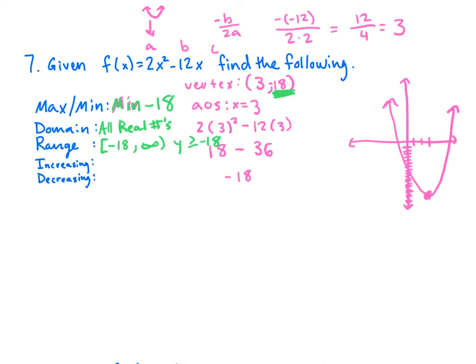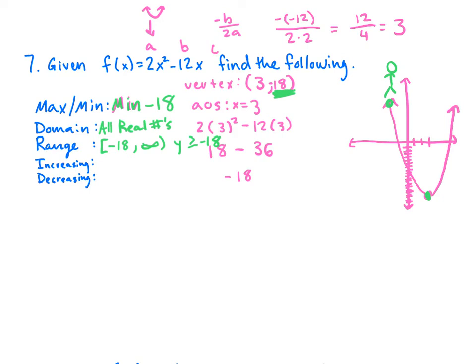And then if we were standing here on the left side of our graph and moving to the right, do we start out increasing or decreasing? So from this point to our vertex, are we increasing or decreasing? Decreasing. We're walking downhill, so we would be decreasing.